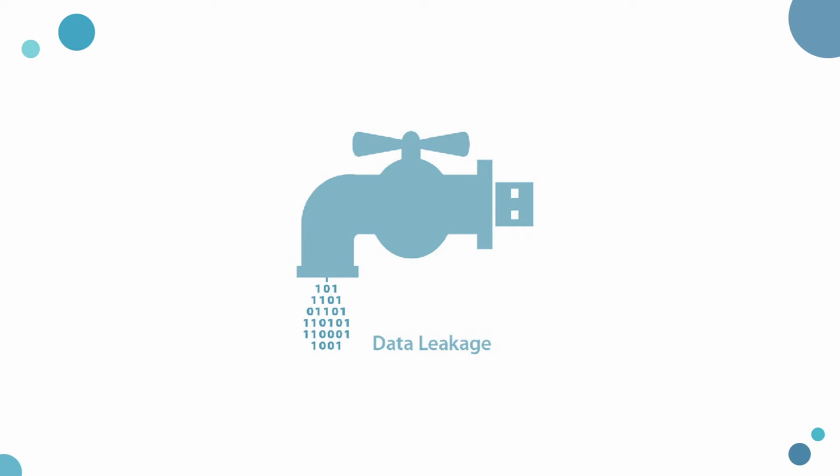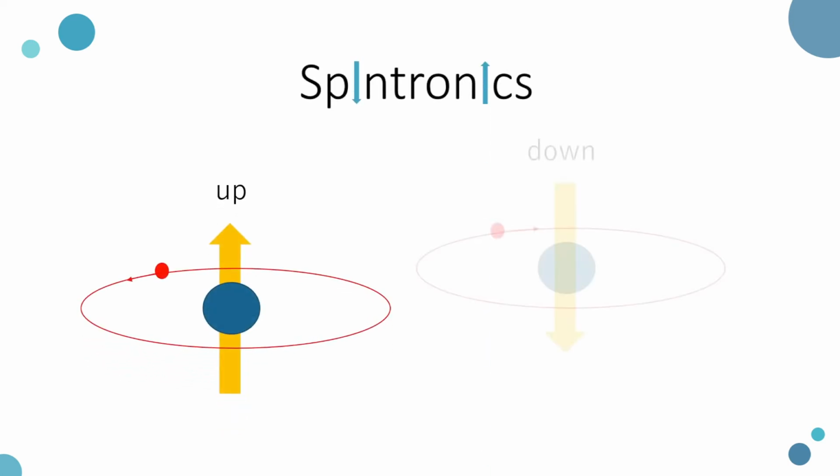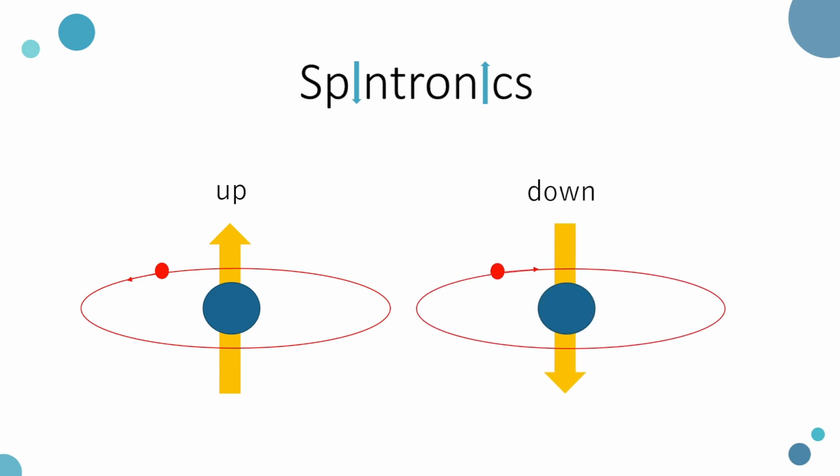Fortunately, an emerging technology called spintronics could solve this problem. Spintronics uses spins, another property of electrons, to encode the data in computers.